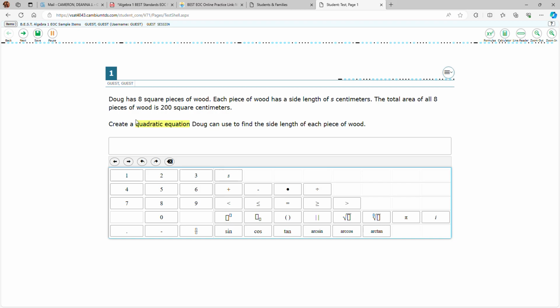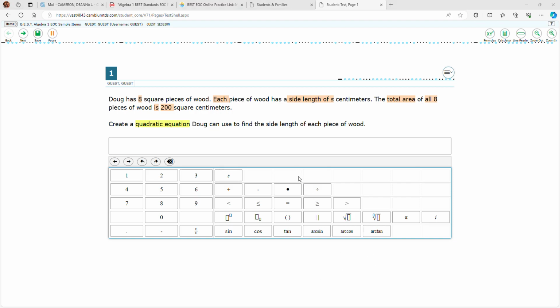So going back to the word problem, Doug has 8 square pieces of wood. Each piece of wood has a side length of S centimeters. The total area of all 8 pieces of wood is 200 square centimeters.